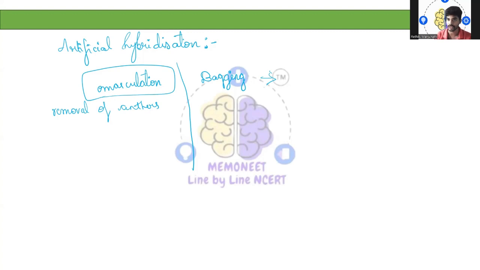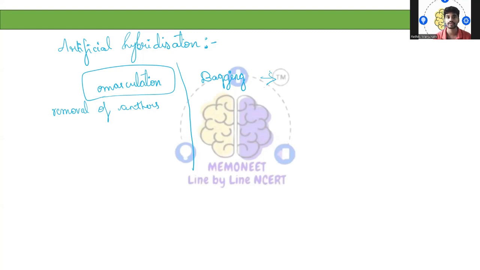The stigma stays covered till it becomes receptive, that means able to receive the pollen grains. Then the desired pollen grains will be dusted on that stigma and pollination is made sure to happen. This is how artificial hybridization is done.